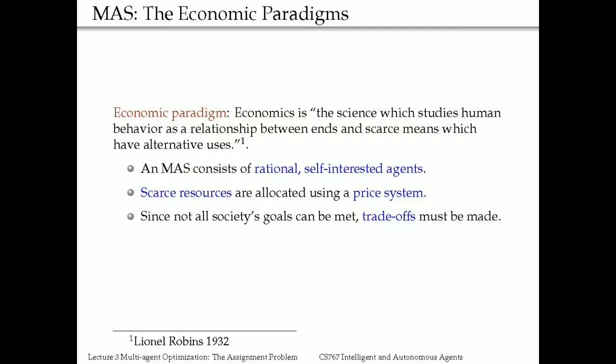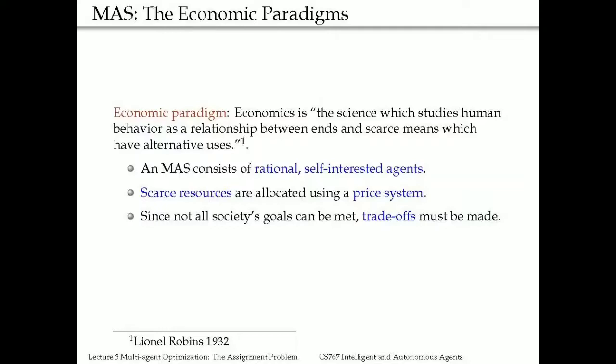So not only are we going to discuss solutions to the assignment problem, but very importantly in this lecture, I would like to bring up the notion that economic theory can be utilized in the development of multi-agent systems, because economics ultimately is a science that studies agent behavior as a relation between ends and scarce means, which have alternative uses.